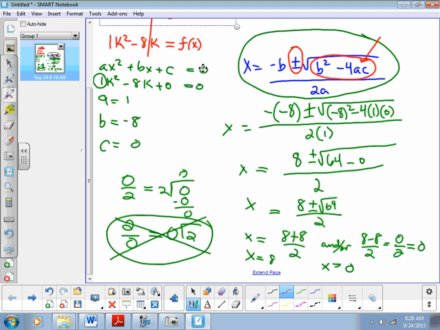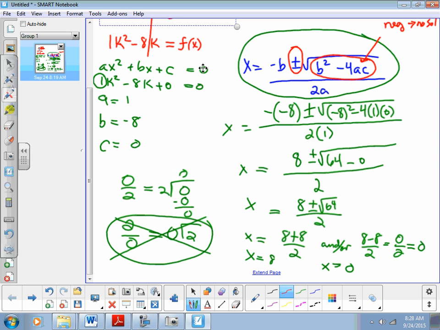If you get a negative number, you can't take the square roots of negative numbers, right? So negative numbers inside of here mean that there is no solutions. That means the graphs never touch the x-axis.